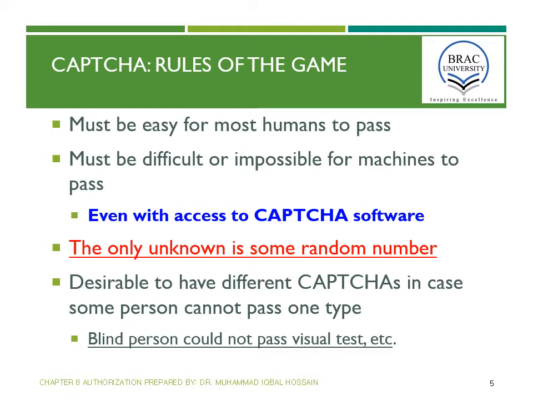That is comparatively easy for humans rather than machines. If you only use text-based CAPTCHA, nowadays OCR and image processing techniques have improved, so you can build a system that can easily break text-based CAPTCHA. So nowadays text-based CAPTCHA has less use, and image-based or sound-based CAPTCHA is being used.